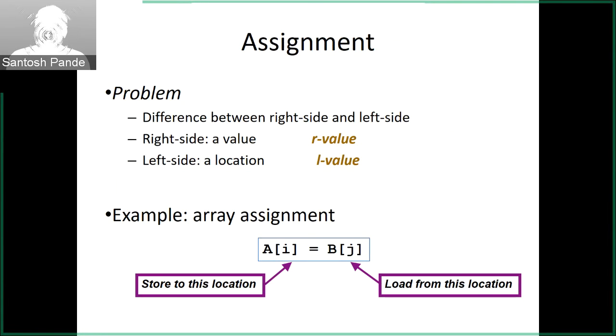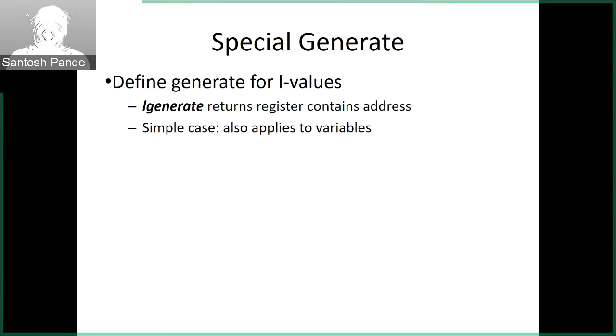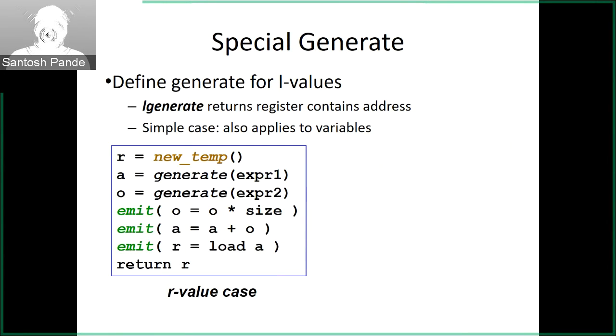And the context of the code generator will be noting, in this case, that A[i] is to be implemented as L value. And so we'll have an L generate, which is a simple function, which will look pretty similar. This was the R value function, in which case we had the base plus offset, and we did a load. The value of the load was returned back as the evaluation of this R value.